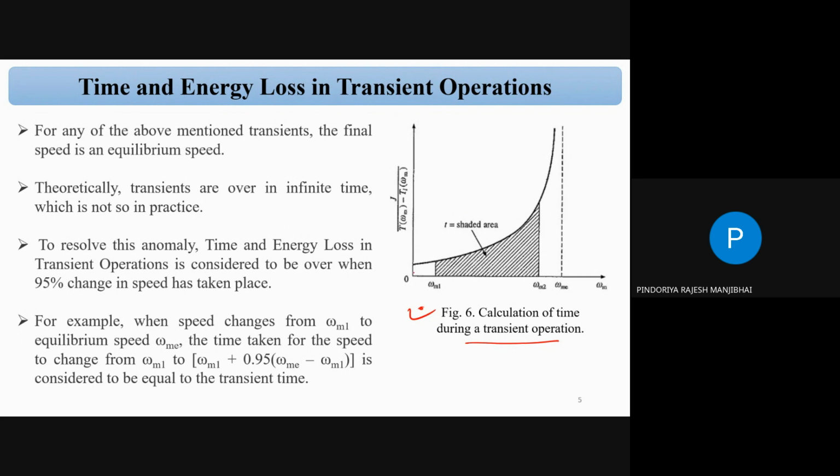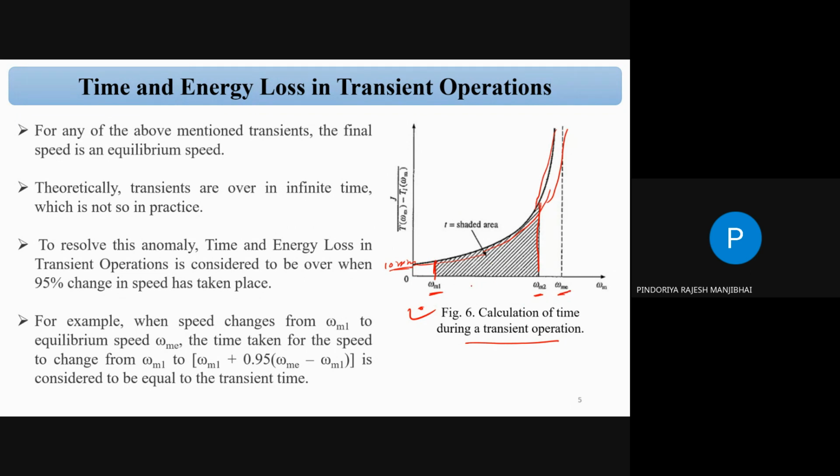Suppose the speed starts at maybe 10 rpm. You can see the speed slowly increasing, and once the magnitude is fixed, from here the magnitude is fixed. You can see the variation in the speed from this time period to this time period. Maybe we can say this is omega m1, this is omega m2, and this is your omega me.